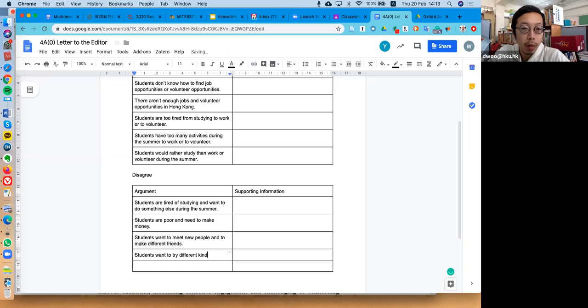Want to see what work they like, want to find work that they like. That's one reason why people would volunteer or work during the summer holiday, because they want to find something that they like. Okay, anything else?